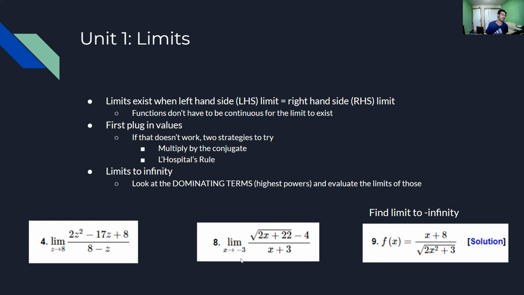A perfect example would be number 8 on the slide deck. First, you should try to plug in values. If you plug in -3, you'll see that the top and bottom go to 0 and 0. If you see a square root or something like that, then you can multiply by its conjugate.